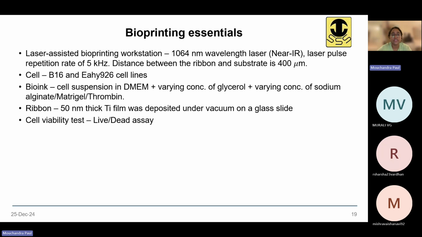or matrigel or thrombin. These are biomaterials that not only help in maintaining cell viability, but also help in giving viscosity or consistency to the bioink.